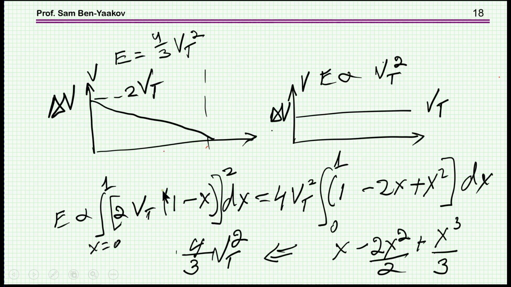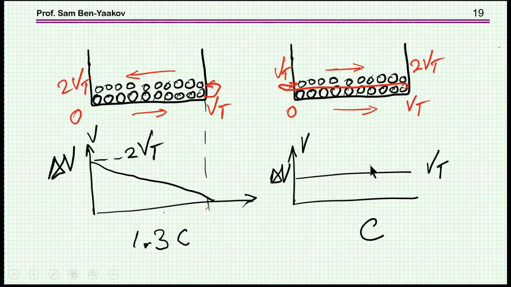So let's have a look at it. If I just look at this profile, I come up with 1/4 of Vt squared for the energy, as compared to only Vt squared, which means that the equivalent capacitance here will be 30% larger than the capacitor here. It's not very large, but still it helps to reduce the capacitance.